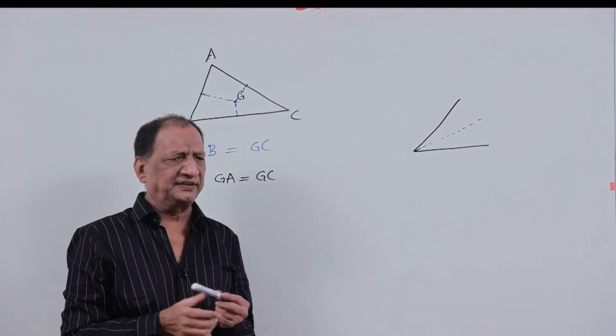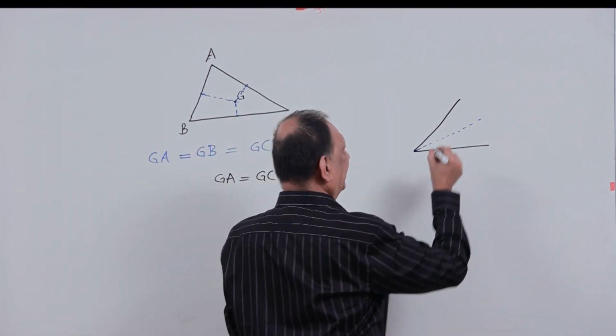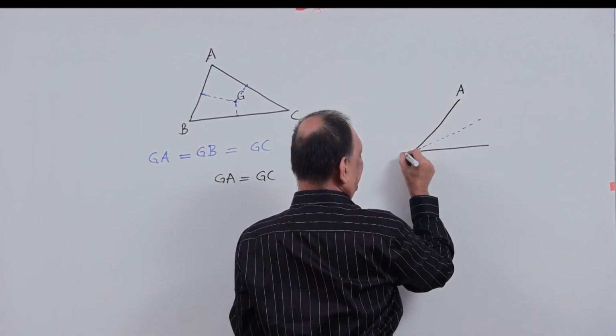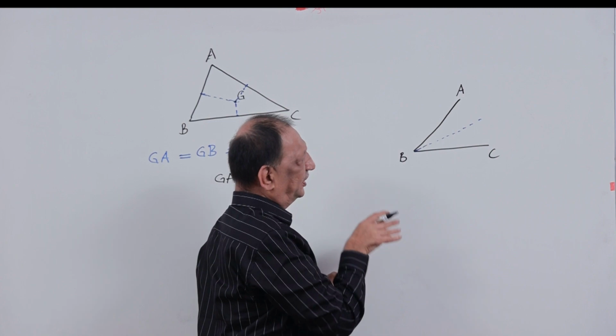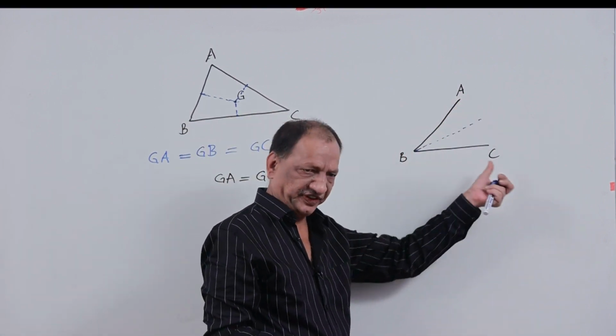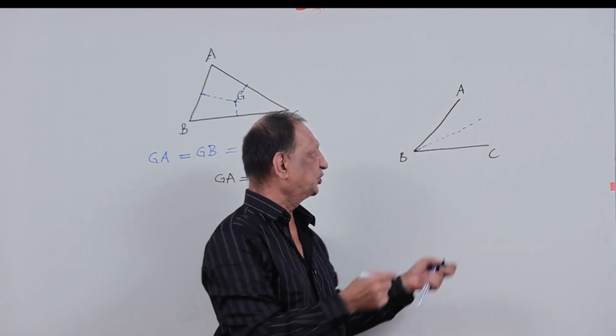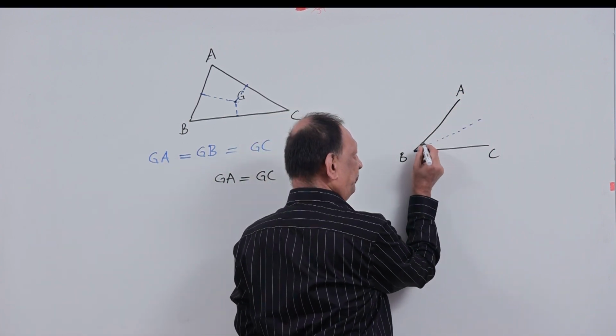Now, the property that comes is, supposing I've got this, you can give some names to these. I got A, B, and C, right? So I got the angle ABC, the two sides BC and AB, and I'm bisecting the angle ABC so that these two angles are same.